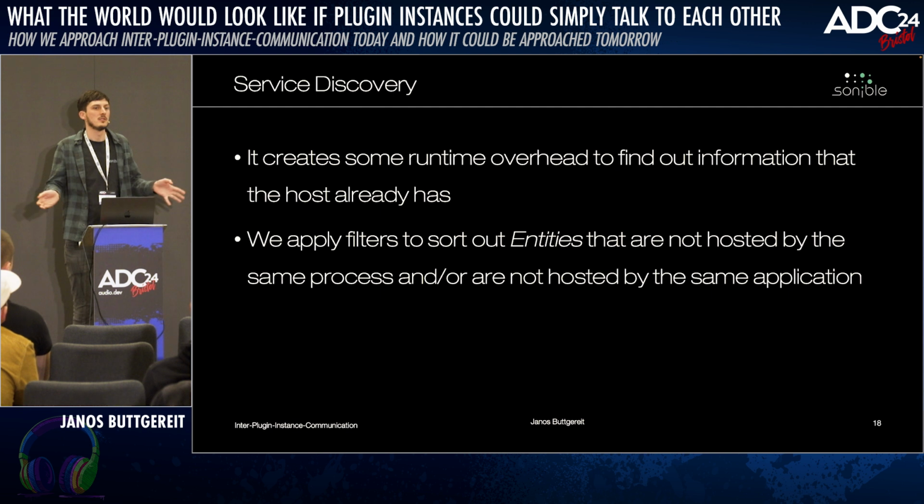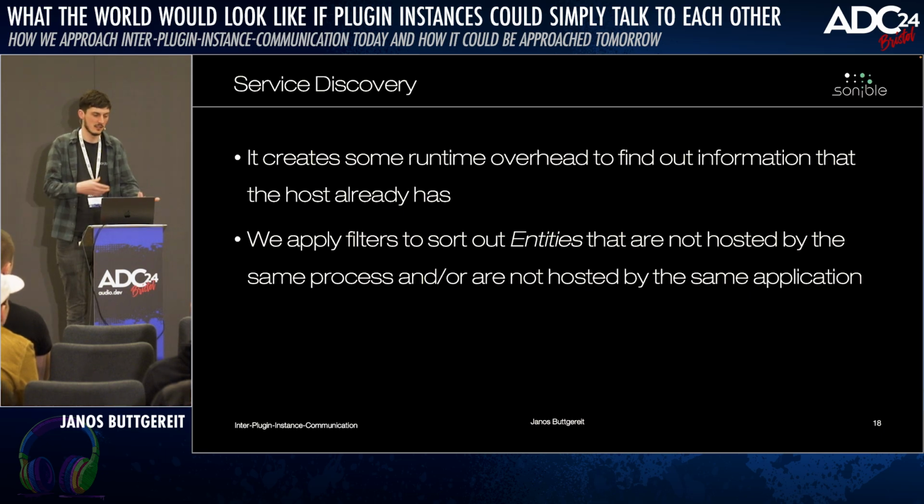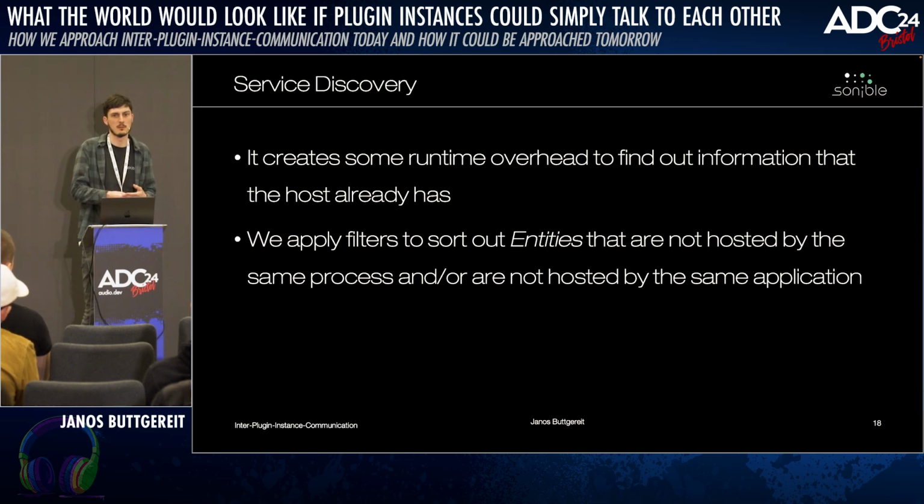Because just imagine you have two different hosts open, both load a SmartEQ4. You don't want those instances to see each other, because this can just cause nasty stuff. So we ended up filtering by process ID.